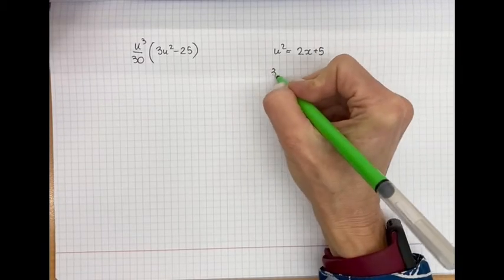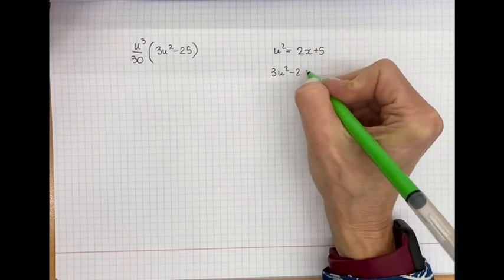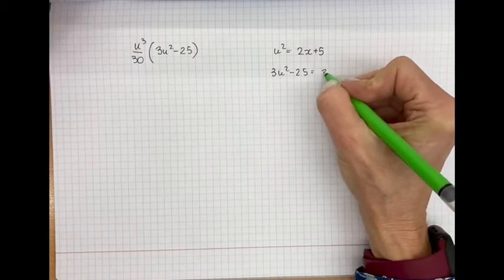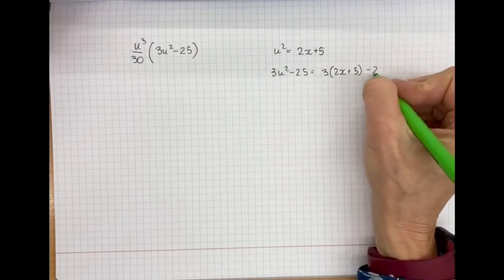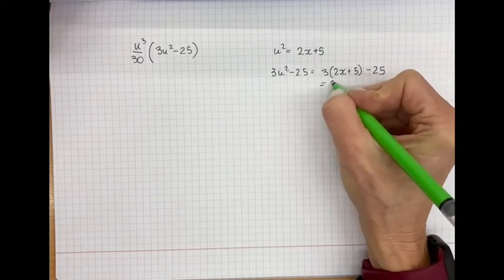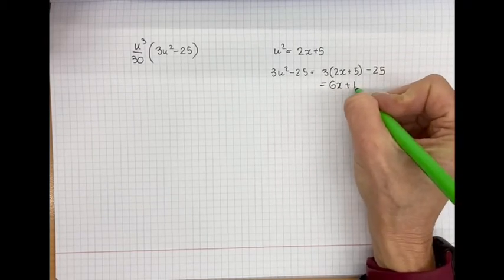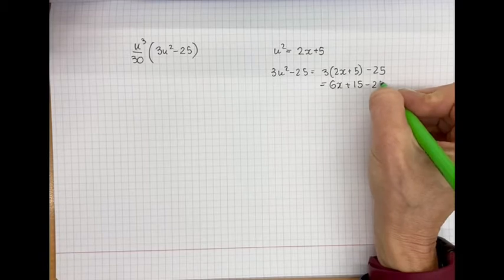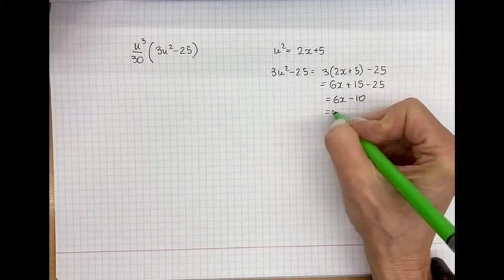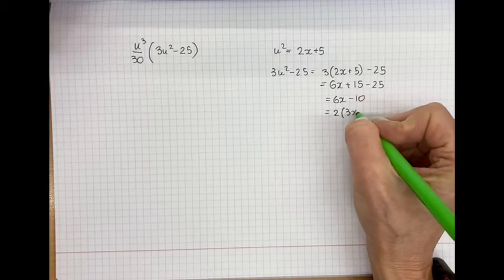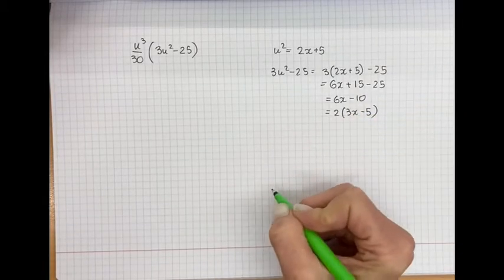So 3u squared minus 25 is going to be 3 times (2x plus 5) minus 25. So that is going to be 6x plus 15 minus 25. So 6x minus 10, which is 2 lots of 3x minus 5. I recognize that from before.